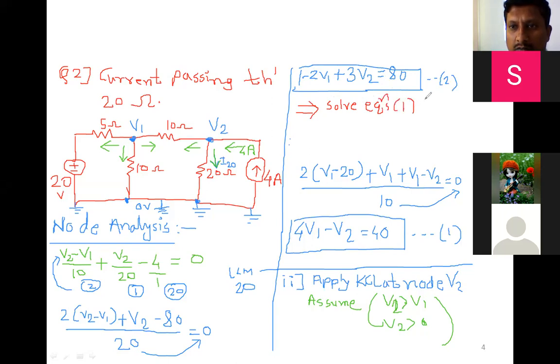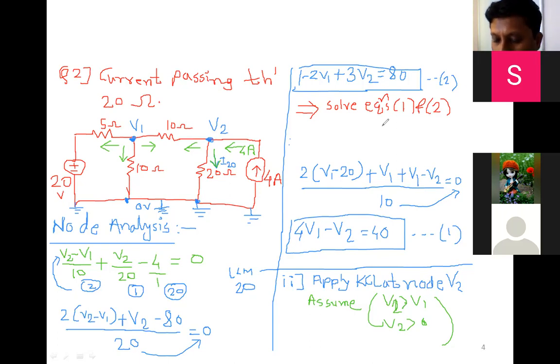Anyone knows how to solve these linear equations using a calculator? Anyone? How to solve these?